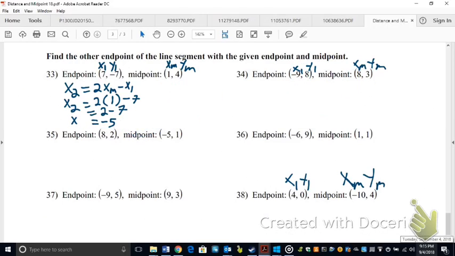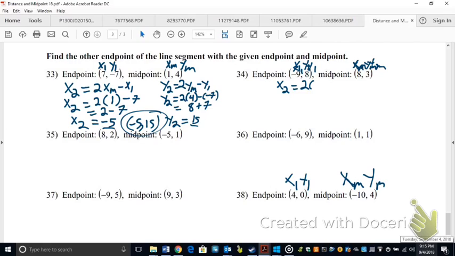Okay, but now, which one are we doing next? So, 34, we're going to go x2 equals 2 times our xm, which is 8. We're going to subtract a negative 9, so that's going to give me 16 plus 9, and we get 25.